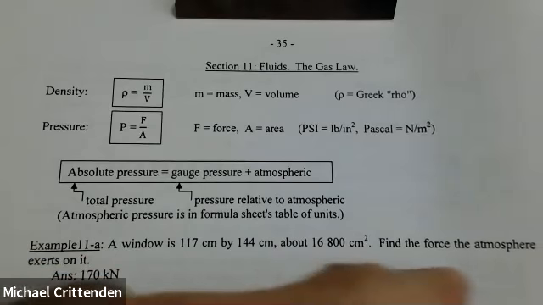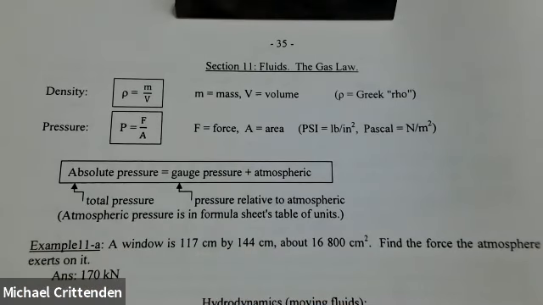Let's figure out what the total force on that window would be. This is just a matter of saying, if pressure is force per unit area, P equals F over A, well, you can look up the atmospheric pressure, and the area of the window is given. So you know 2 out of the 3 things in the equation, P equals F over A, and you can solve for the third one.